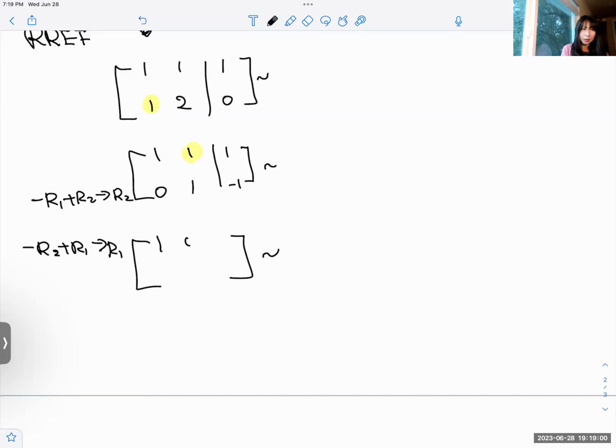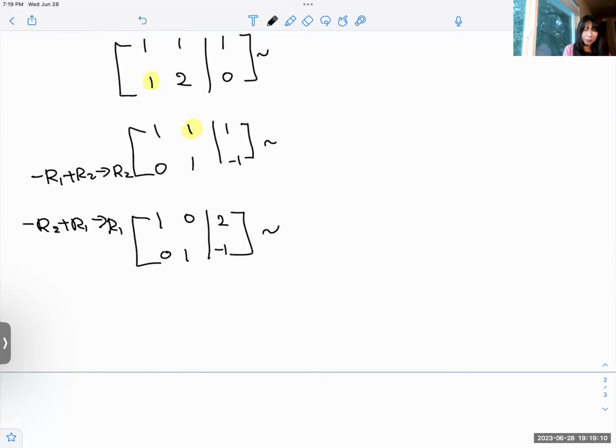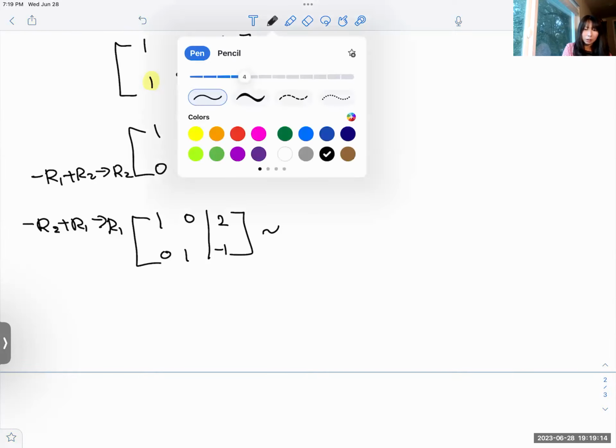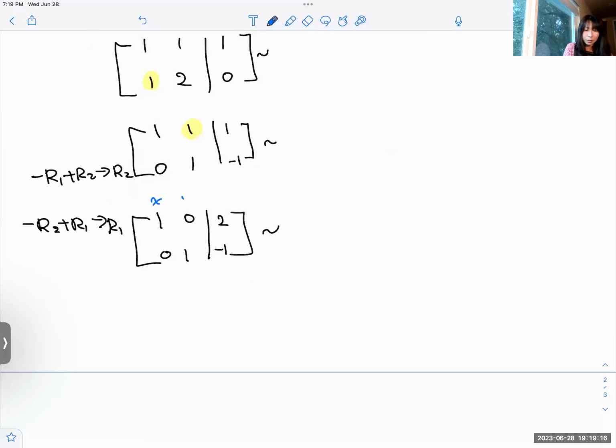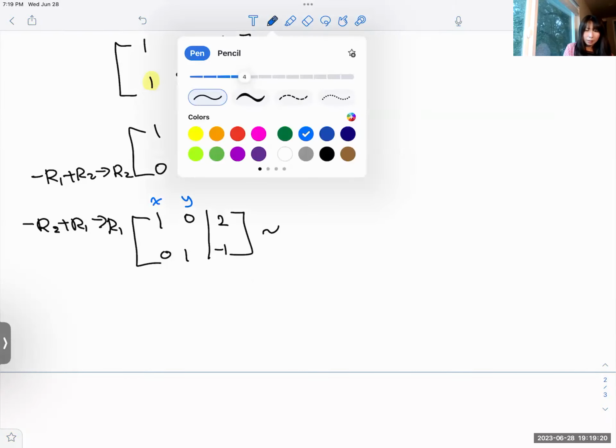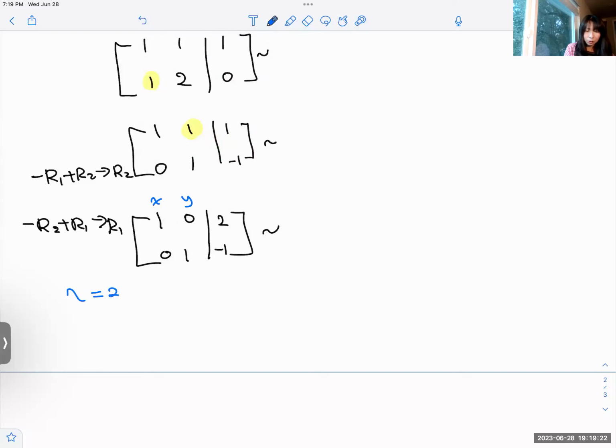So we get [1, 0 | 2; 0, 1 | -1]. Very good. Okay, then in that case, this one is X, this is Y, right? So the first row says that X equals 2. The second row says that Y equals -1, right?